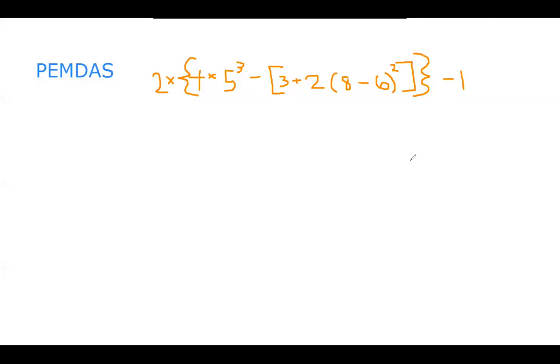Okay, so there's the problem we're going to do. The first thing I want to point out is that in this problem, we've got a few different grouping symbols. We've got these parentheses, and we have these brackets, and we have these braces.